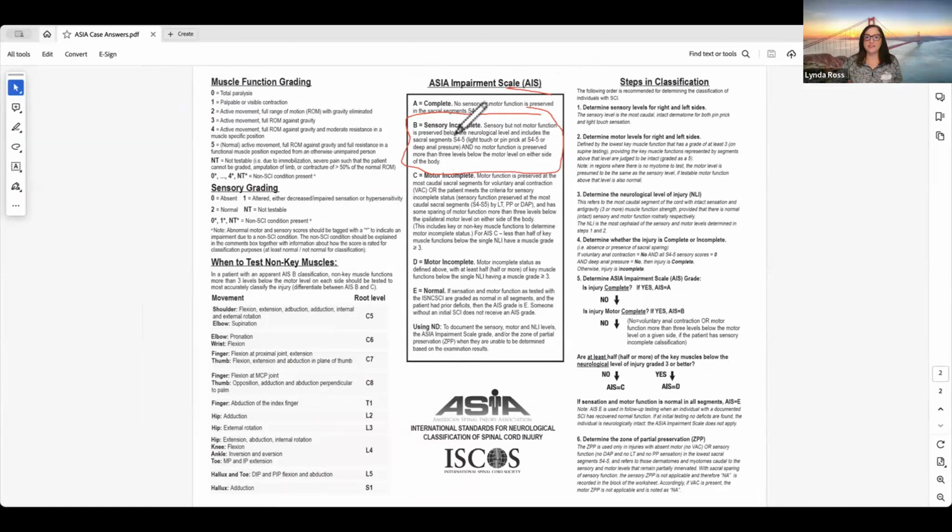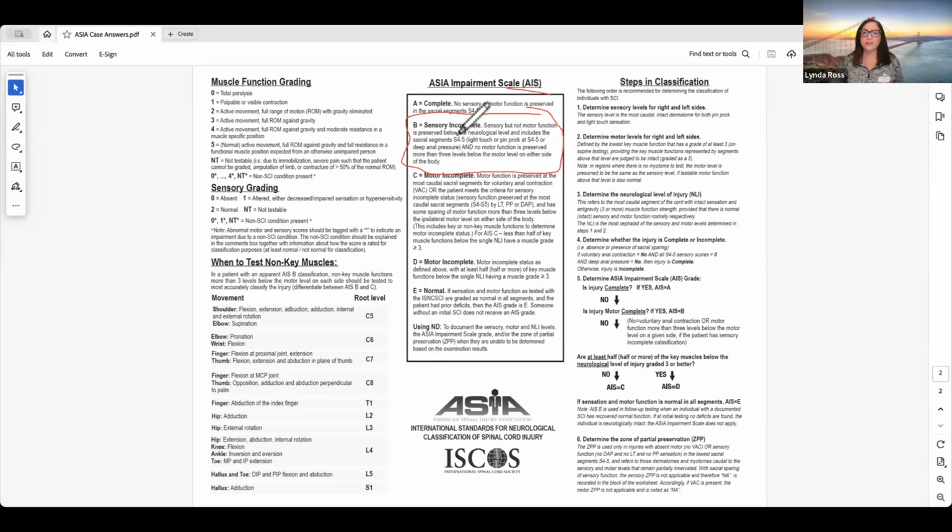And it's sensory. That's why I asked, what is a DAP? So if the person has both DAP and VAC, is this a sensory incomplete? You'll have to put that in the chat box. No. Chelsea, excellent, right? Why?